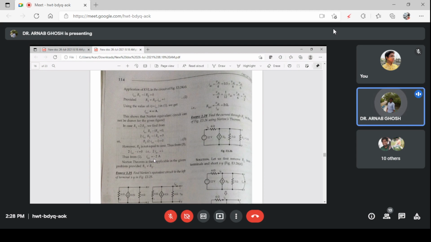This is actually a super mesh. Remember a super mesh? Yes, sir. So this is a super mesh or a single entire loop. When 2i is common to both these loops in the meshes individually, in a super mesh, you have to consider the KVL across this entire loop.